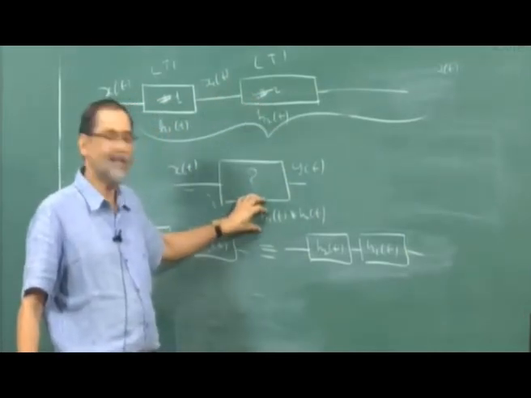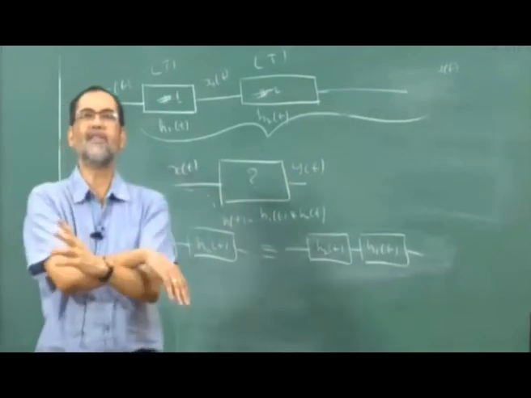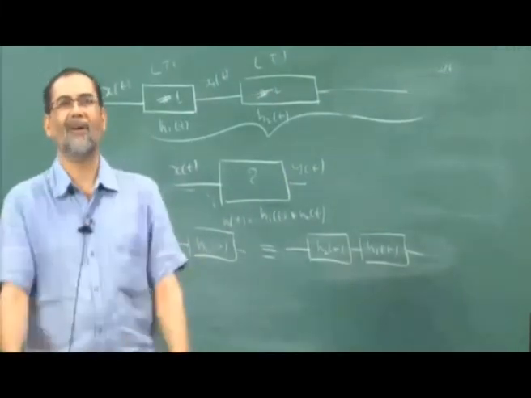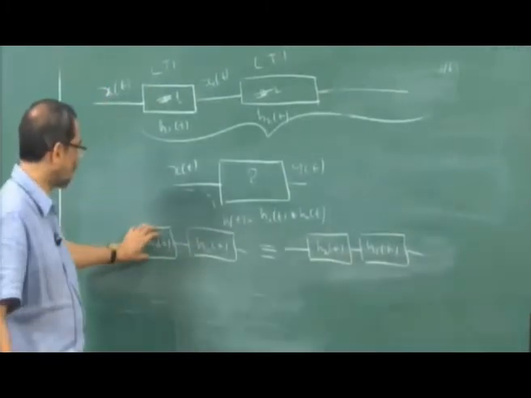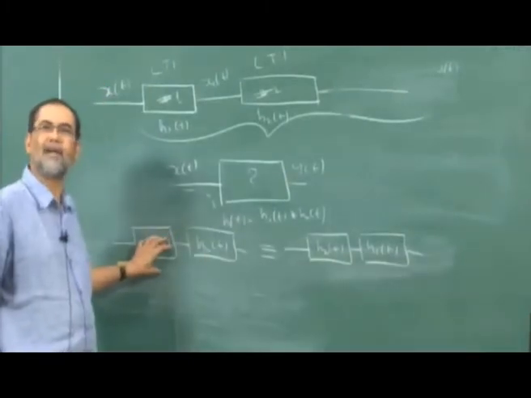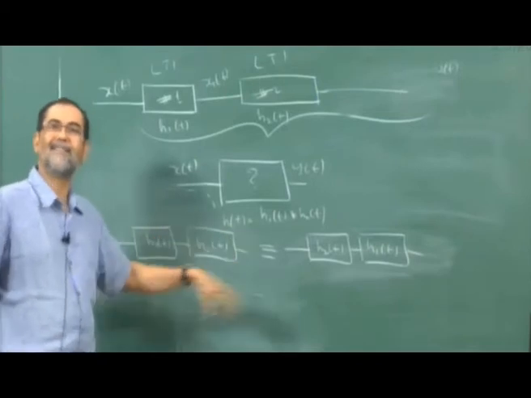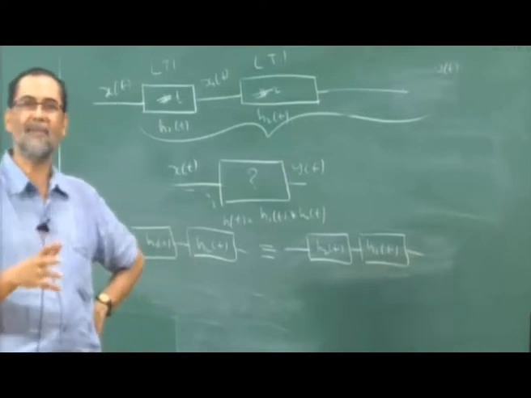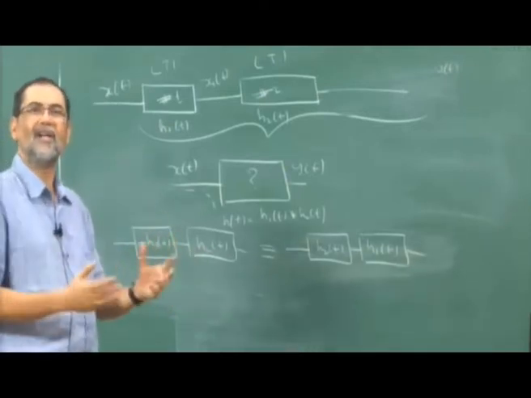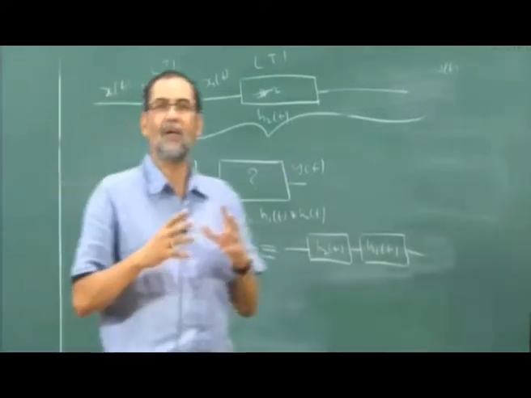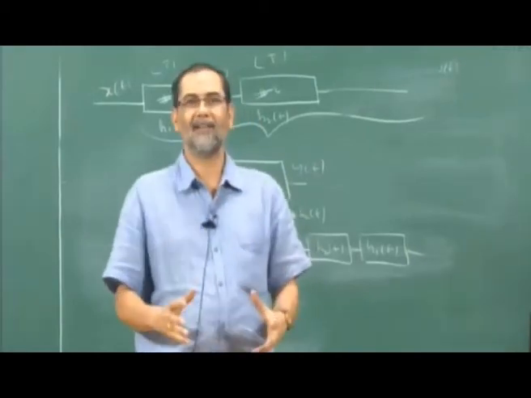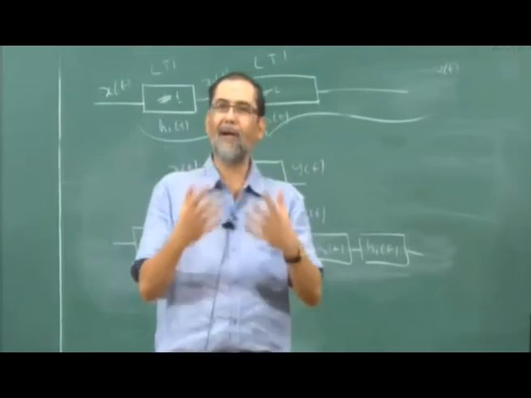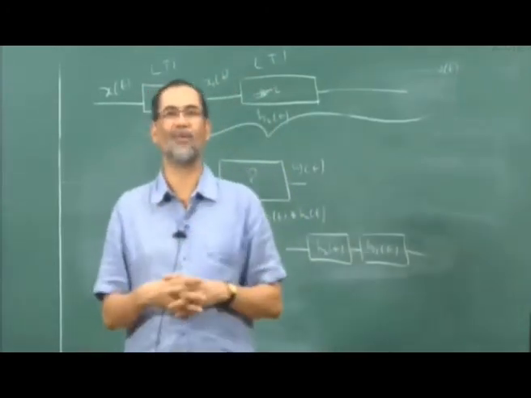Sometimes reversing the order makes it extremely simple to analyze, rather than a system where the signal goes through a more complicated impulse response first and a less complicated one next. LTI systems give you immense flexibility in analyzing, building, designing, testing and so on.